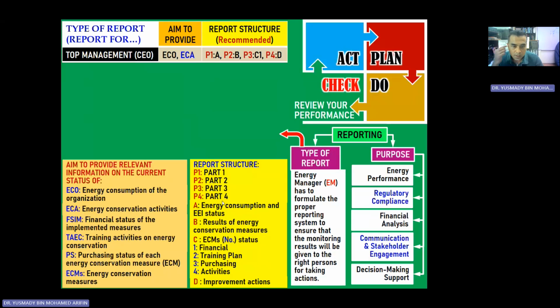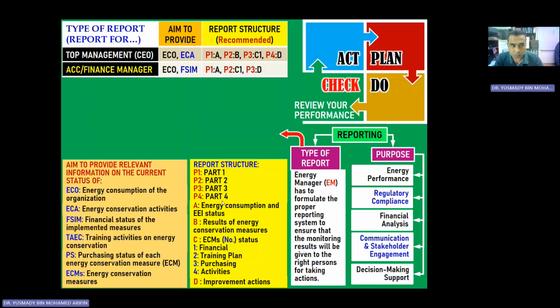Part number 1, in terms of content, will be energy consumption and EEI status. Part number 2, the content is B, the result of energy conservation measures. Part number 3 refers to C1, energy conservation measures based on financial status. And part number 4, in terms of content, refers to D, improvement action.